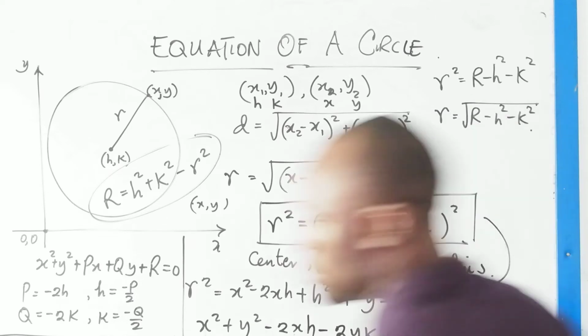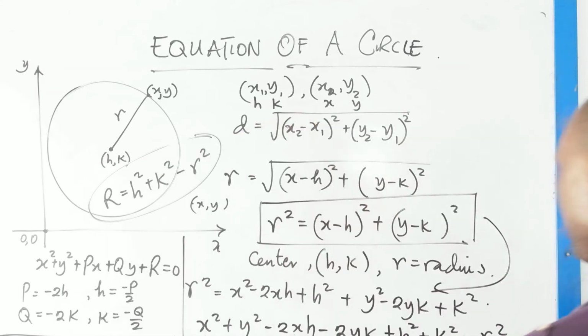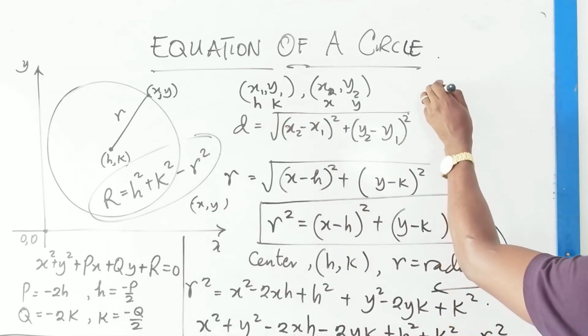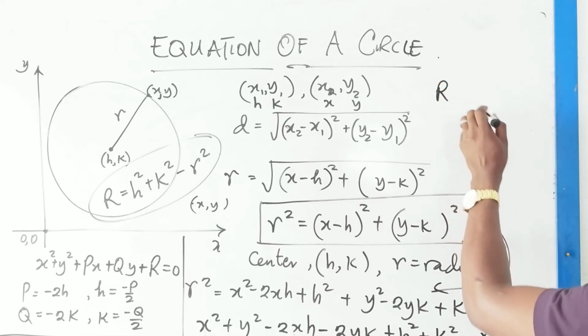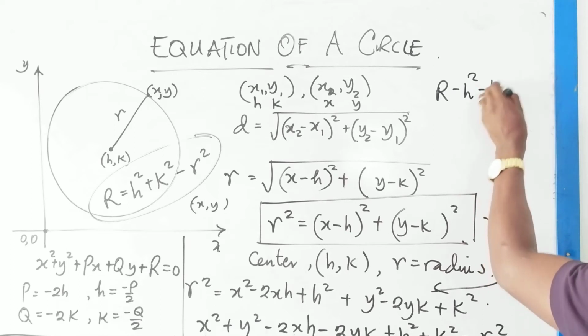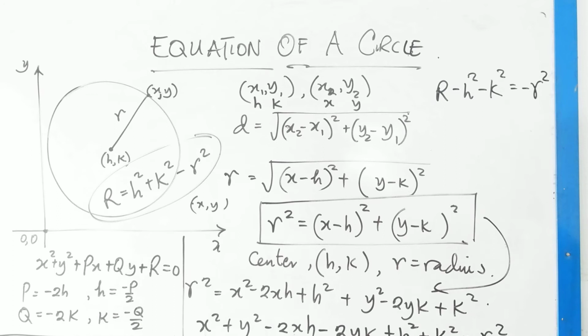Sorry, I need to make some correction. I'm going to have minus h squared minus k squared minus R to be equal to minus r squared. I'm sorry.